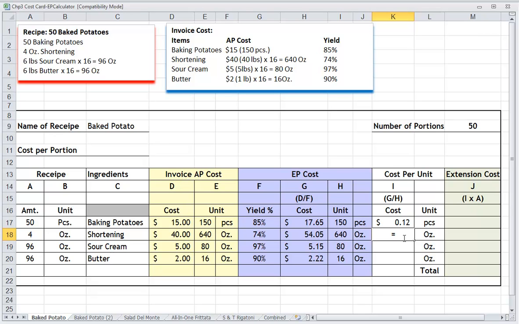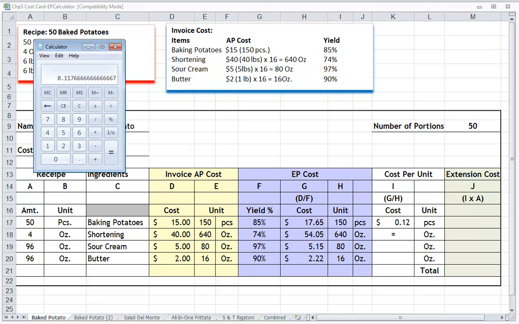And we're going to do the calculation for the shortening now. We know that 640 ounces of shortening is going to cost us $54.05. We want to calculate the cost of 1 ounce of shortening. So the calculation is $54.05 divided by 640 ounces.